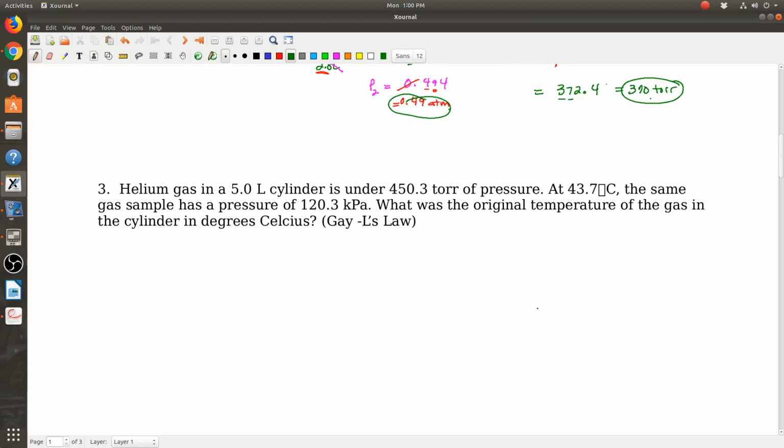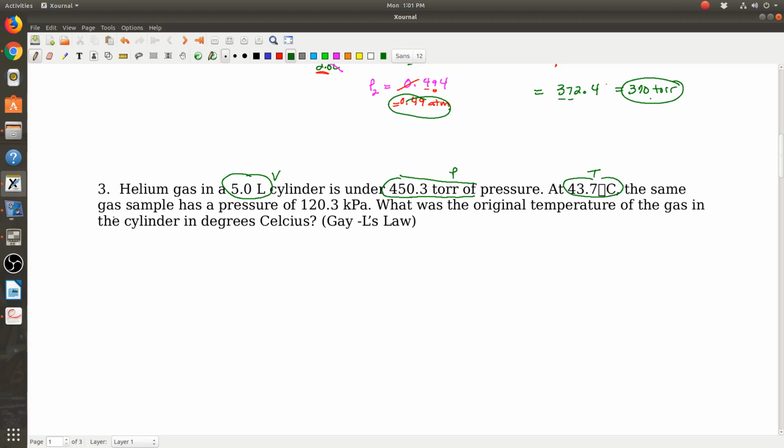And I just kind of didn't want to write the whole thing as I was working this out. Okay, so helium gas in a 5-liter cylinder, that's a volume unit, is under a 450.3 torr pressure. That's obviously a pressure unit. At 43.7 degrees Celsius, that's a temperature.